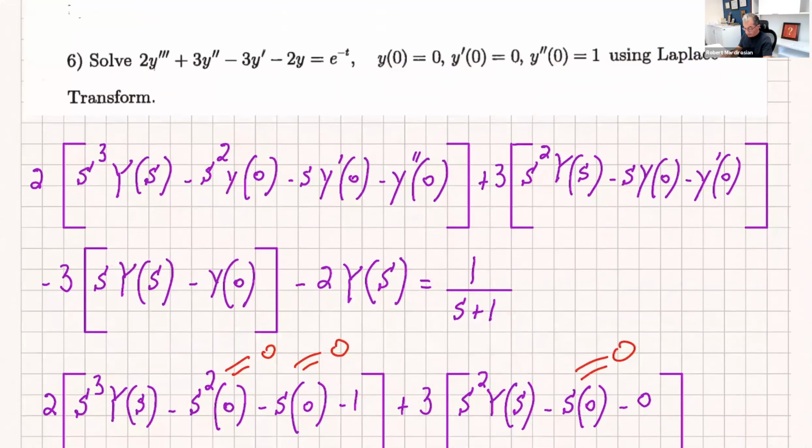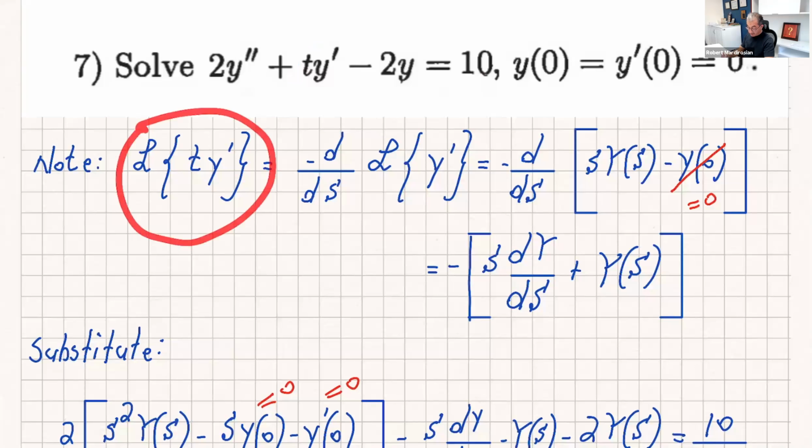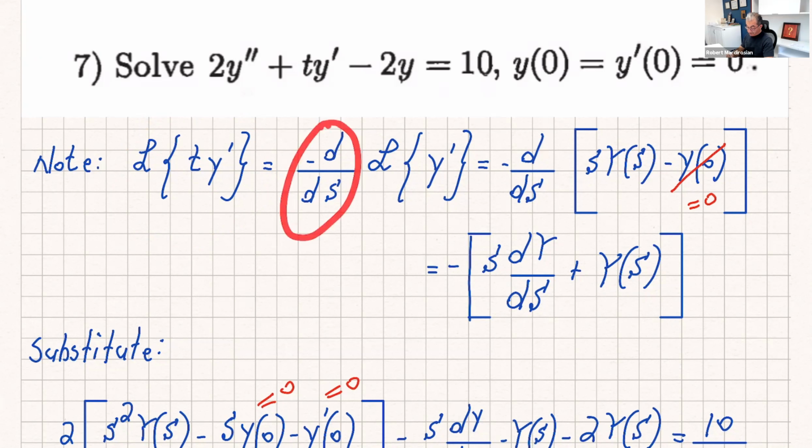Number 7, same thing we have to do. However, here we have t times y'. There I put a note for you, and again, it's in the lecture notes and the video on the Laplace transform. If you have t y', you can take the first derivative of L of y', with a negative sign: negative the first derivative of s times Y(s) minus y(0). Y(0) is 0.